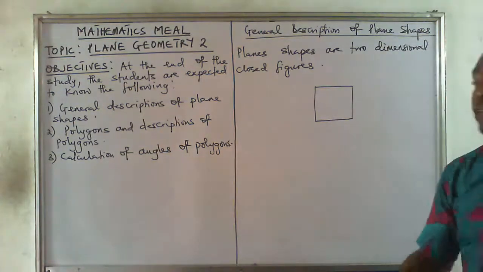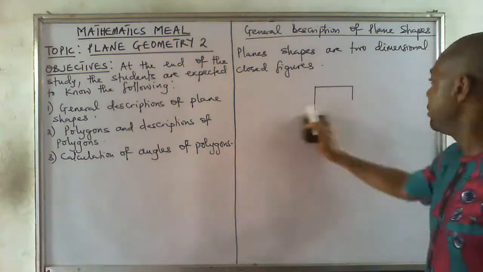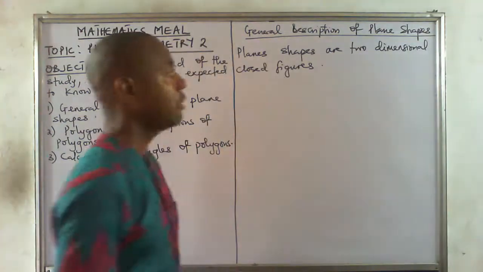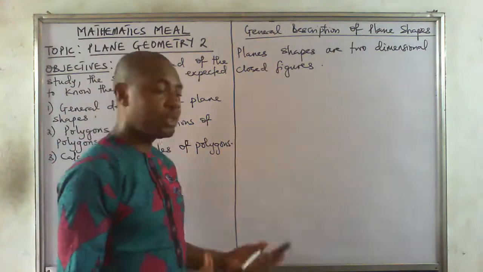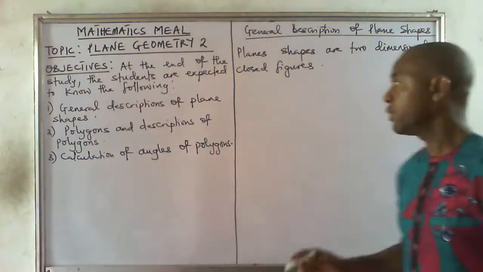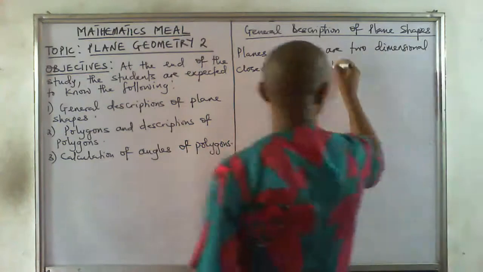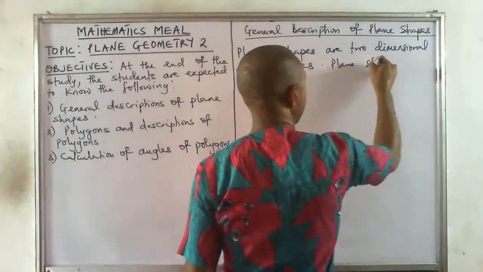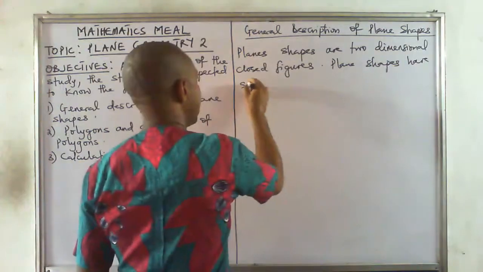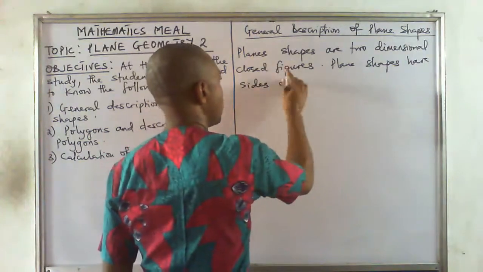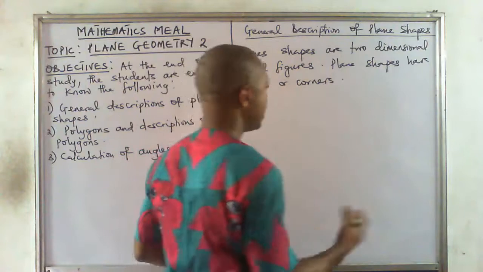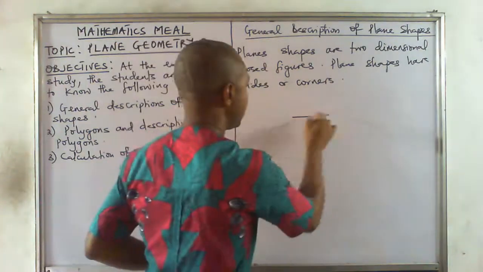Now, all plane shapes have sides. The sides can be straight lines or they can be curved. We are going to see that in the course of the study. So plane shapes have sides or corners, like what I've drawn before.